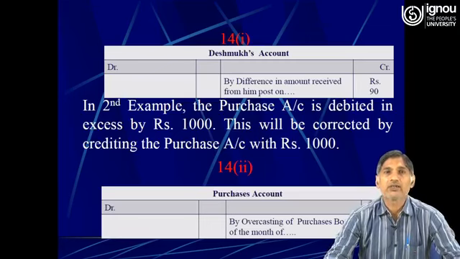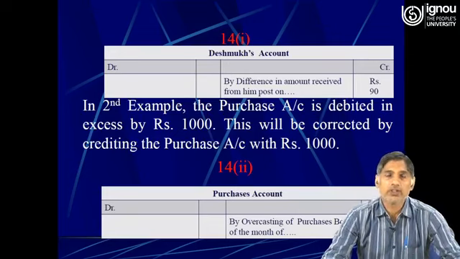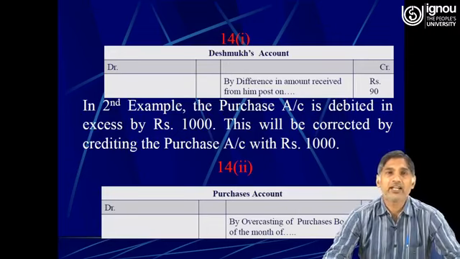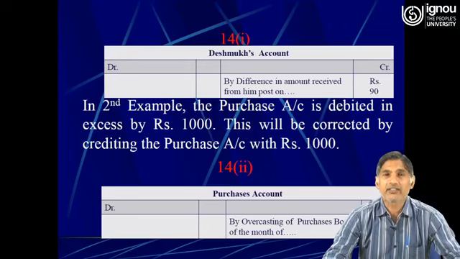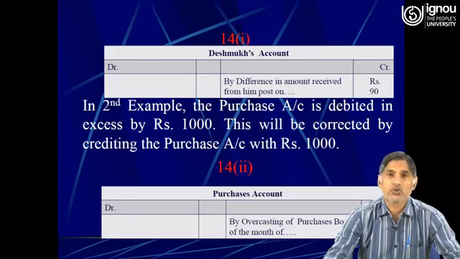Here you can see, it is 14.1 Deshmukh account. Here Deshmukh account is credited by rupees 90. So the error which was made has now been rectified just by making an additional entry and by crediting his account by rupees 90, by difference in amount received from him on so and so date, rupees 90.